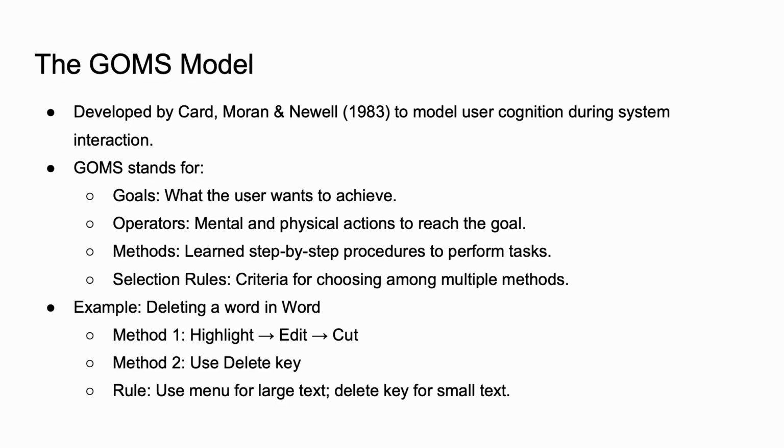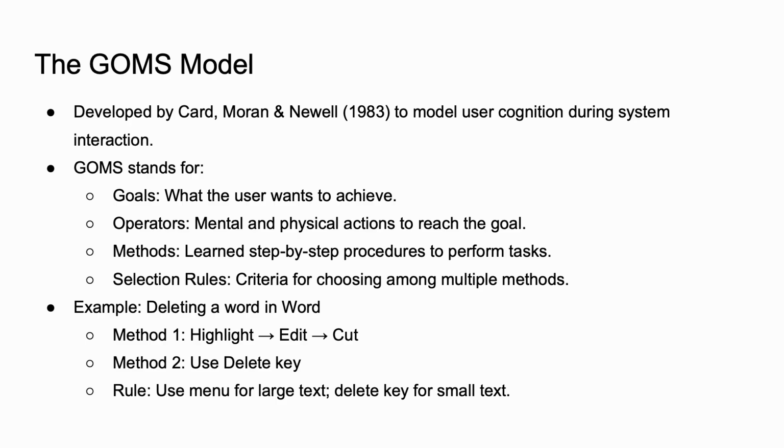The GOMS model was introduced to describe how users mentally plan and perform actions when interacting with a system. It breaks user behavior into four core components: goals, operators, methods, and selection rules. Goals represent what the user wants to achieve, such as deleting a word.